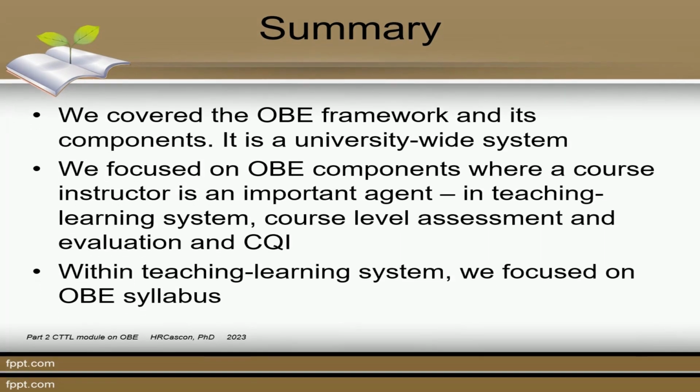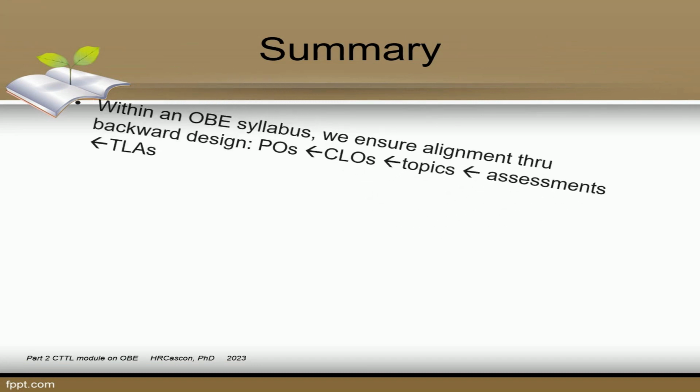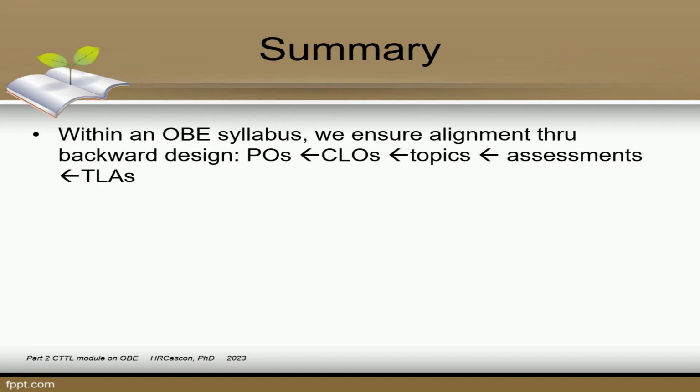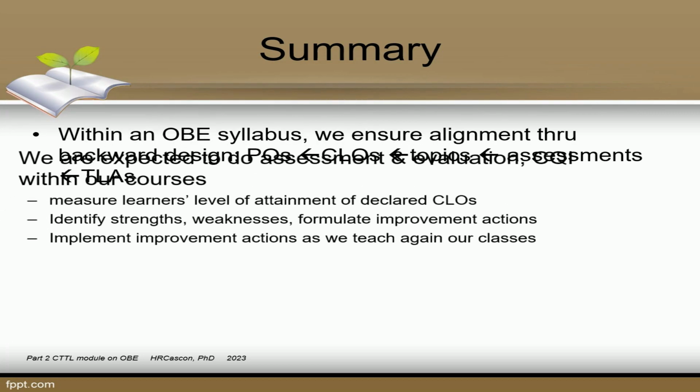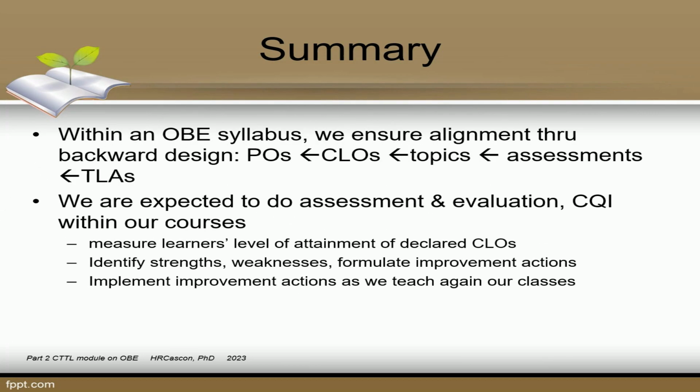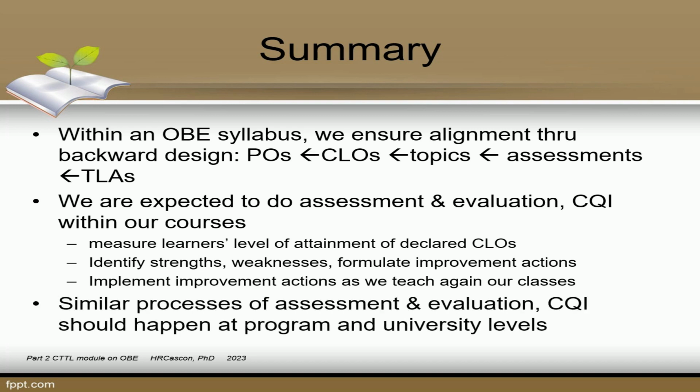Within an OBE syllabus, we ensure alignment through backward design. We started from POs, then moved to CLOs, then to topics, assessments, TLAs. We are expected to do assessment and evaluation, CQI, within our courses. Similar processes of assessment and evaluation, CQI, should happen at program and university levels.